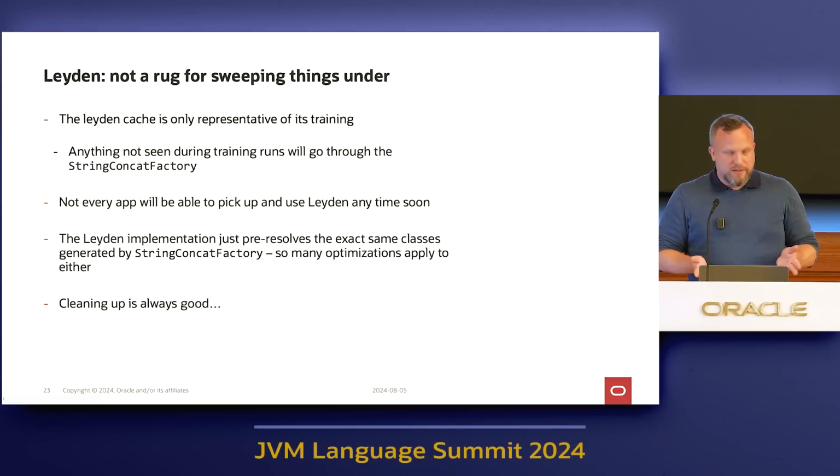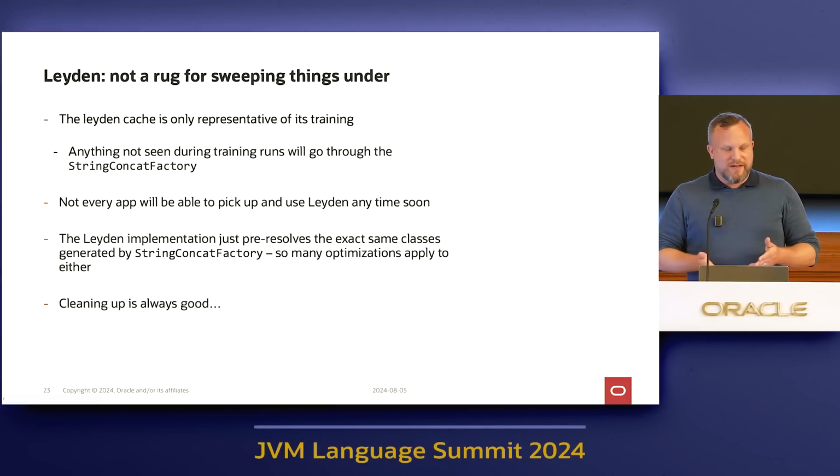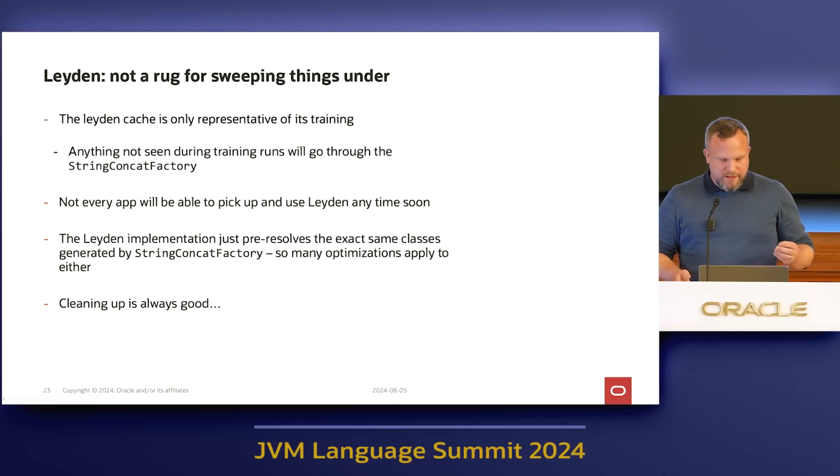Not every app will be able to pick up Leyden. Just because we have an expert tool to solve specific issues, we should mind making sure that Java is great and runs great for any application, whether or not with Leyden or other techniques to speed up startup.